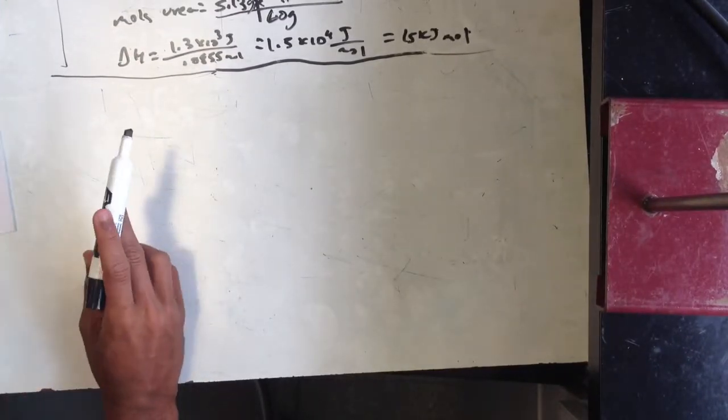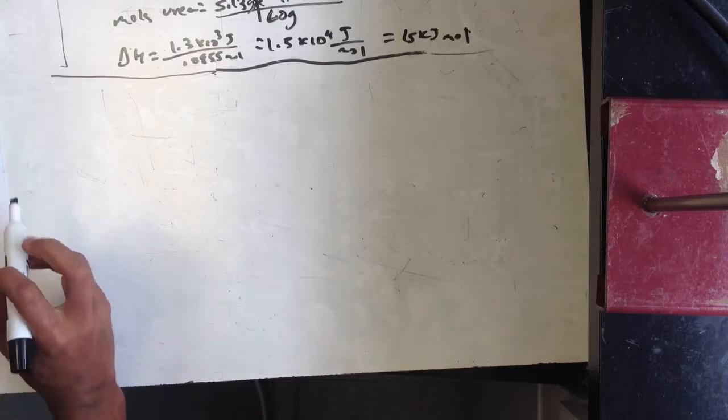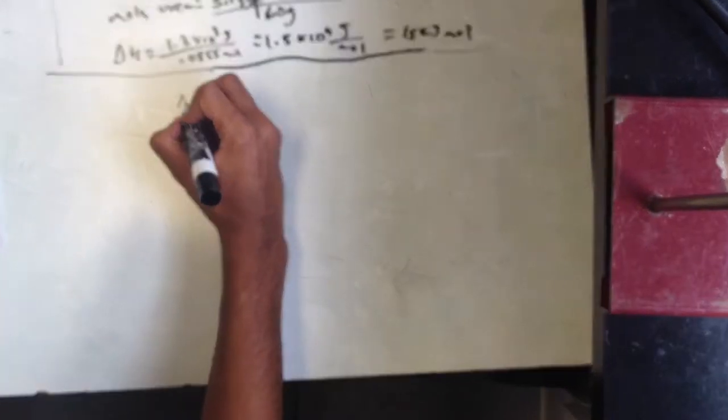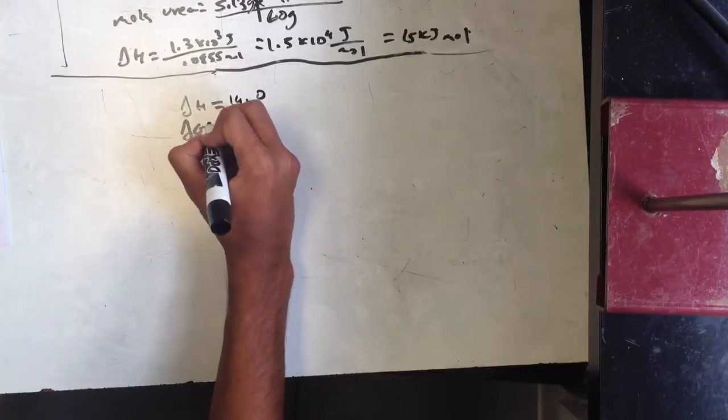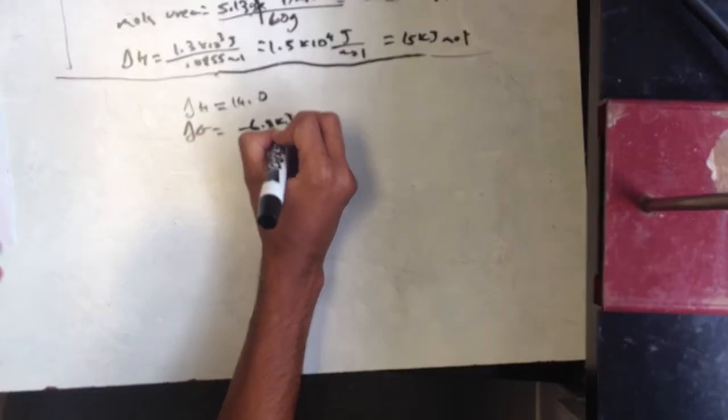Then in part D, it says use the information to calculate the value of delta S, and they say delta H is 14.0 and delta G is negative 6.9 kilojoules per mole.